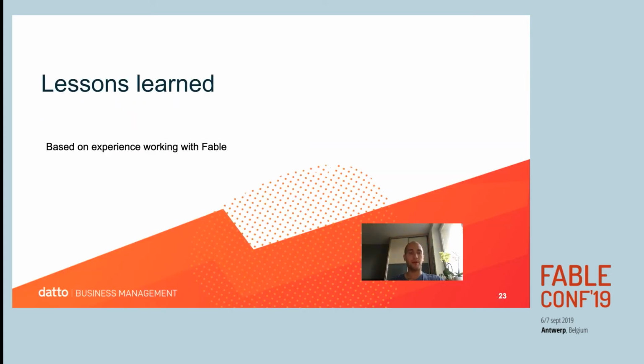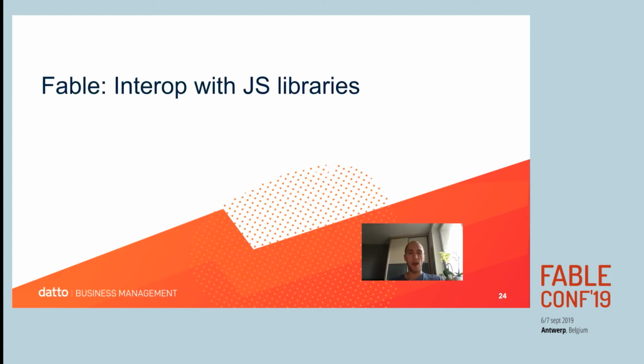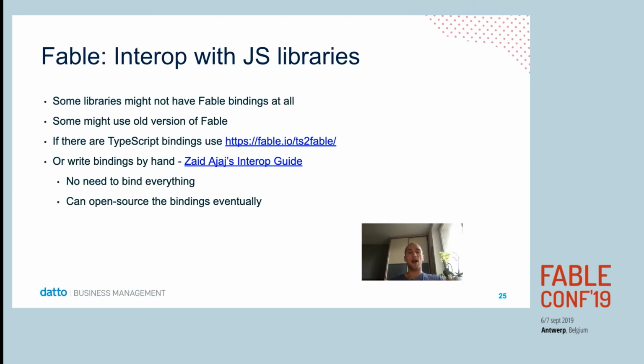Okay, so let me now talk about lessons learned during this adventure. And first thing, let me talk about integration or interop with JavaScript libraries. Basically the story is that if you want to integrate a JavaScript library in Fable, you either find a binding that's already created for Fable, but not all libraries might have that binding, as was in my case with, for example, Guacamole or eCharts.